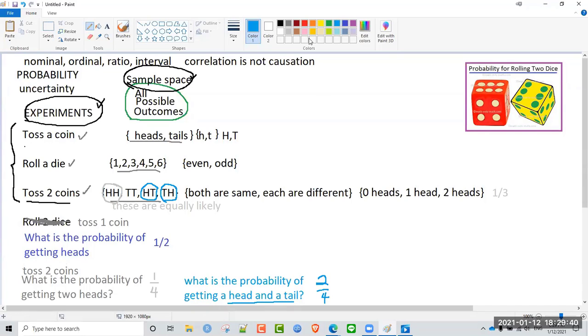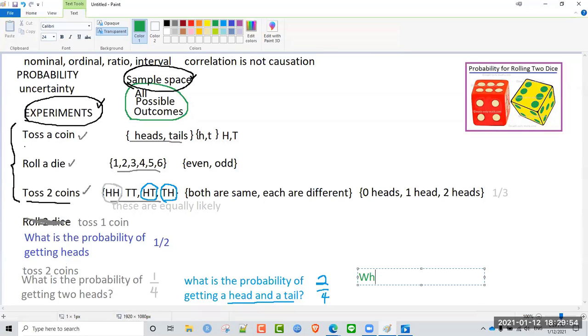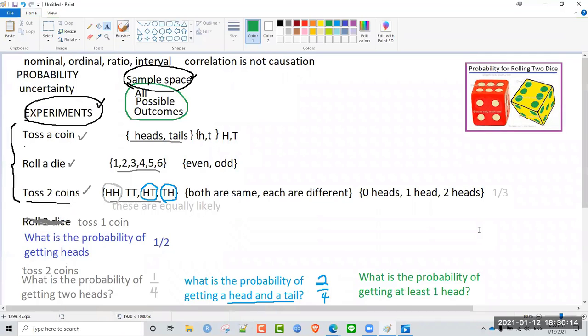Everyone agree with that? Yes. Okay, let's try another one with this same experiment of tossing 2 coins. Here's another question, the green question. What is the probability of getting at least 1 head?